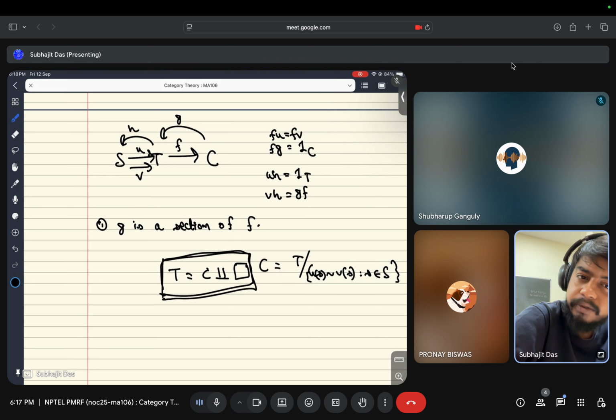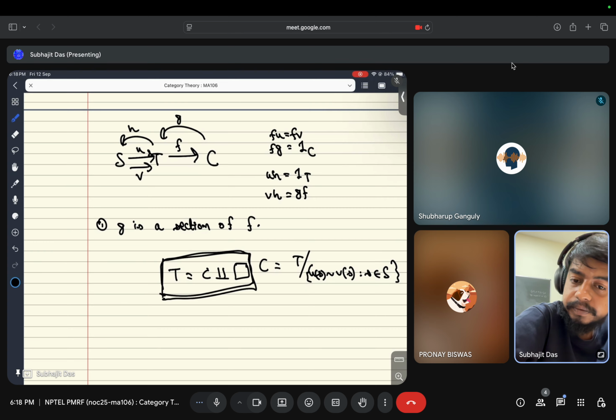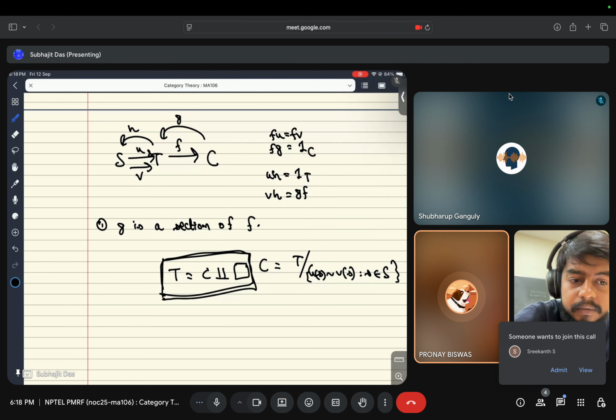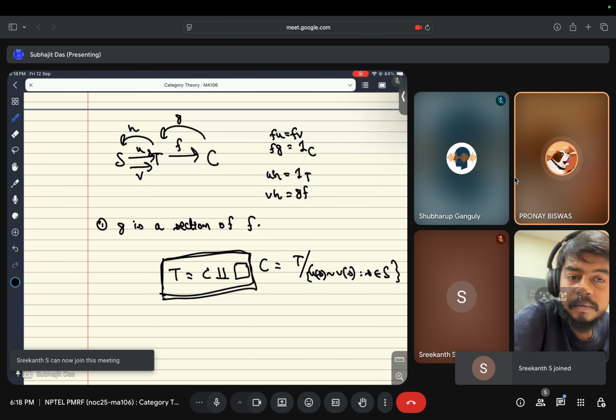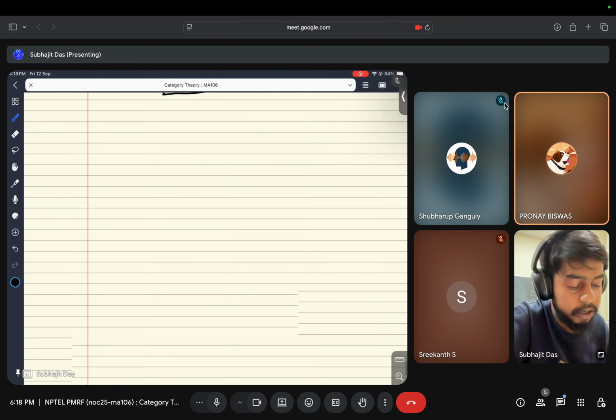What do you mean by forgetful functor? You mean a faithful functor? Okay. So let's see.